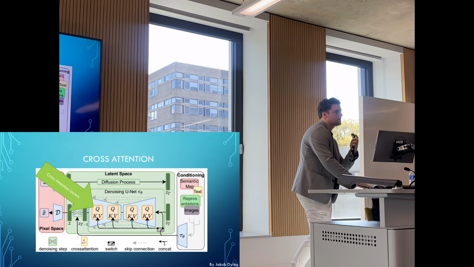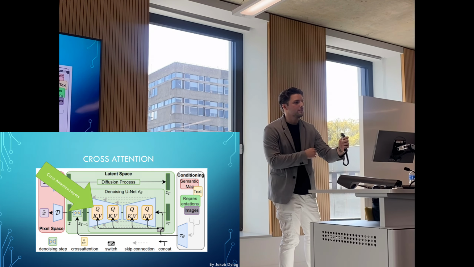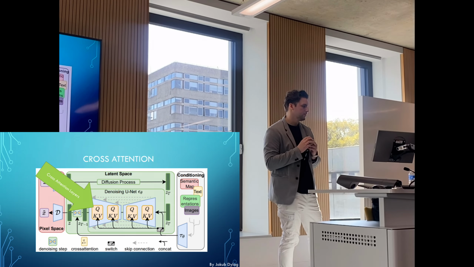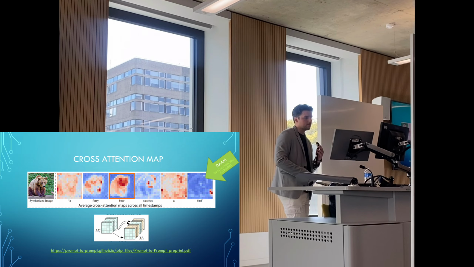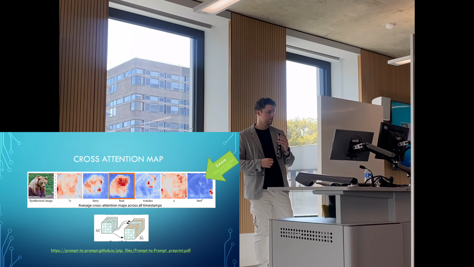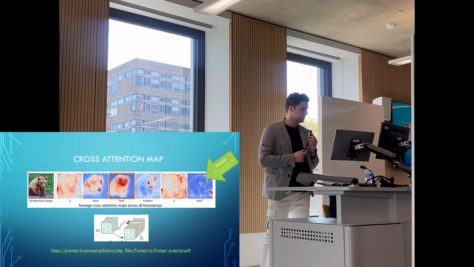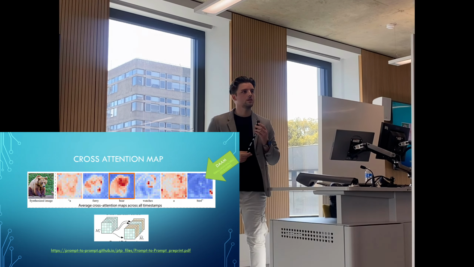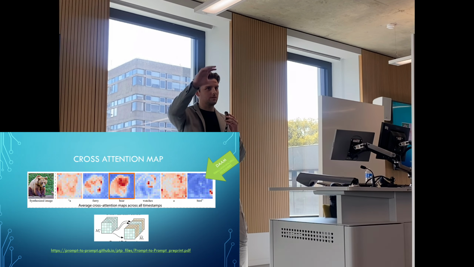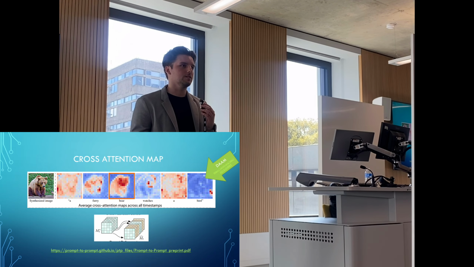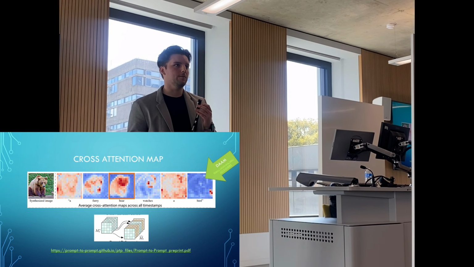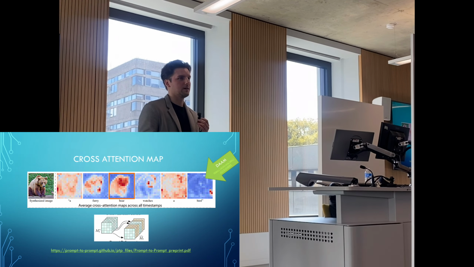And the cross attention that we covered in that transformer is what allows us to do that. So if you remember, we had those key and query matrices. The one at the top originating from that noisy image. When we combine it, each word of the prompt has its own matrix or cross-attention map.